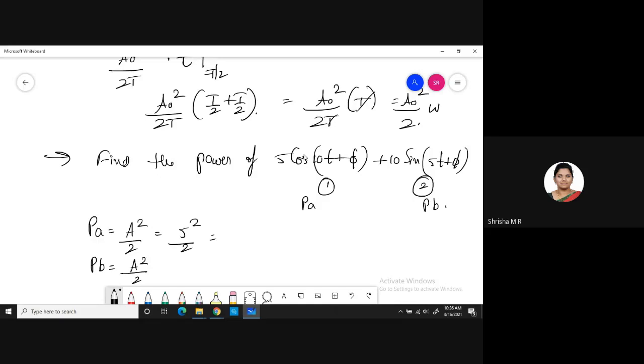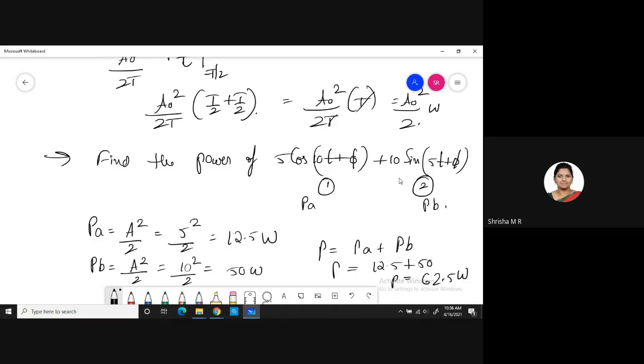For a sine waveform also, the power will be amplitude square by 2. So 10 square by 2. So 25 by 2 is 12.5 watts and 100 by 2 is 50 watts. So the total power of the signal is PA plus PB, which is 12.5 plus 50, that is 62.5 watts. Clear? Are you guys following?